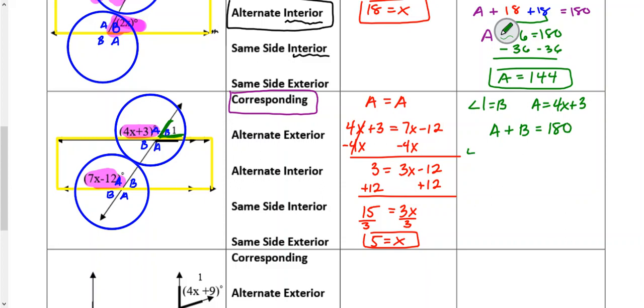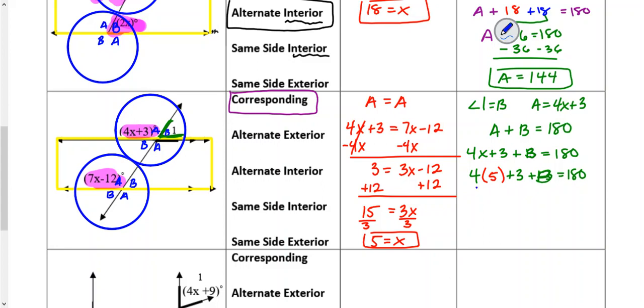So I know A is 4x plus 3, and I'm looking for B. All that still equals 180. And I do know something about the x, because I just found that. So I still have my 4, I can substitute 5 in for x, plus 3 plus 13 equals 180. Oh, sorry, not 13, that's a B. Can't read my writing. That was angle B.